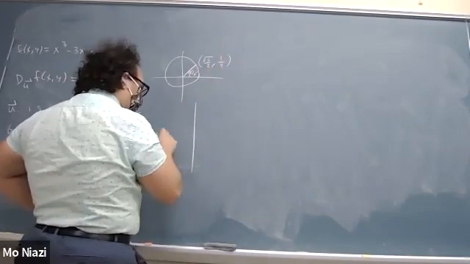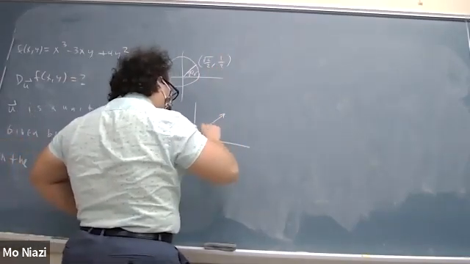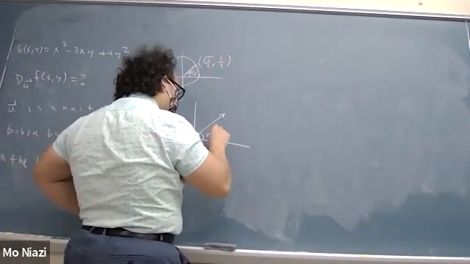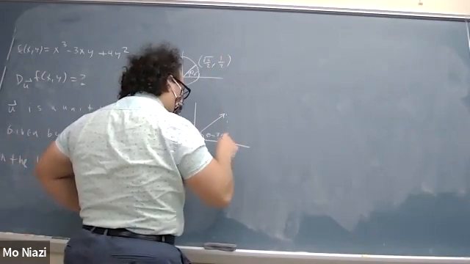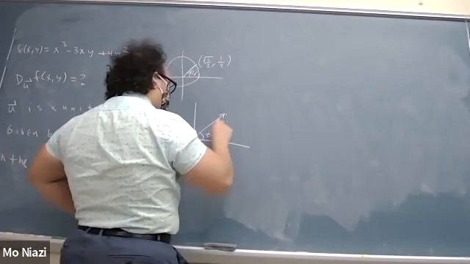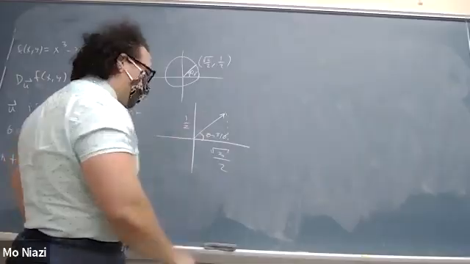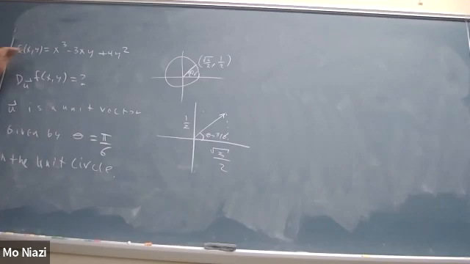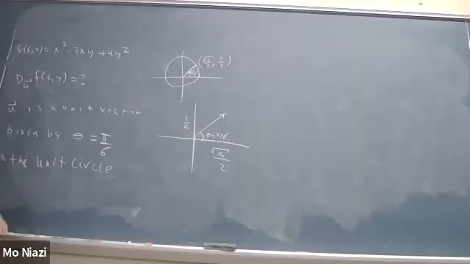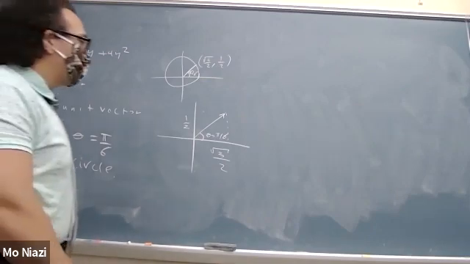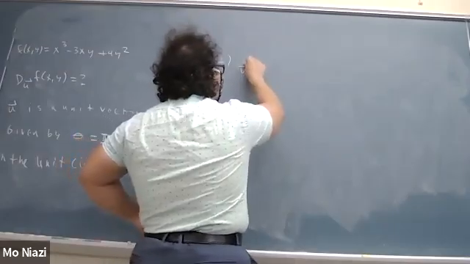So in our picture, our unit vector is like this, and here's angle theta equal to pi over 6. Its x projection has length this, and its y projection has length that. Now we want to know what is the derivative of this surface in this direction. If you convert pi over 6 to degrees, it's 30 degrees above the x-axis. So now we know that our unit vector u is this.